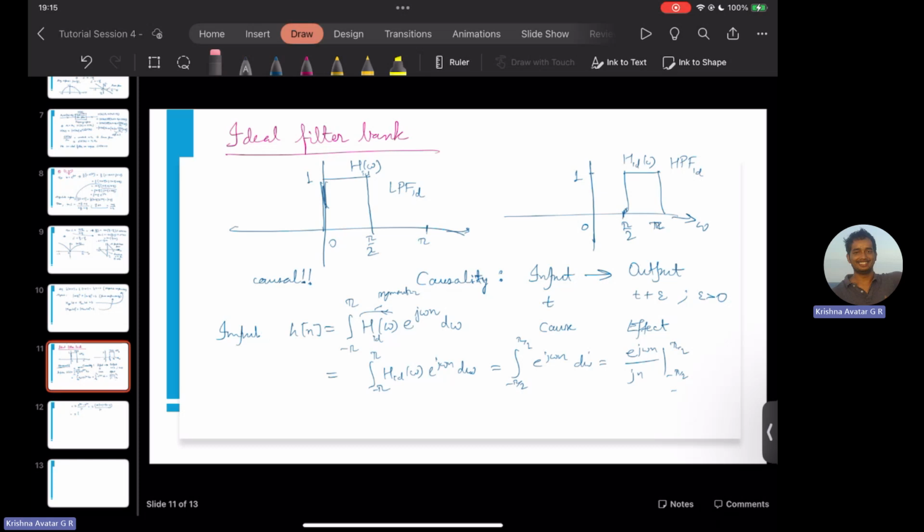It should give us 1 by jn, e to the power j pi by 2n minus e to the power minus j pi by 2n. Okay? And as you recall, you can write it as 2 by jn.